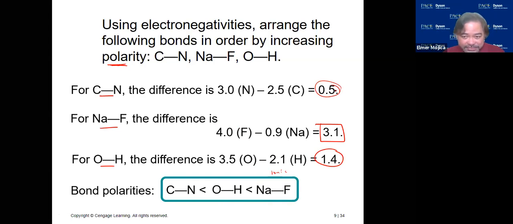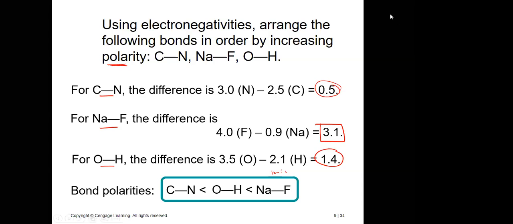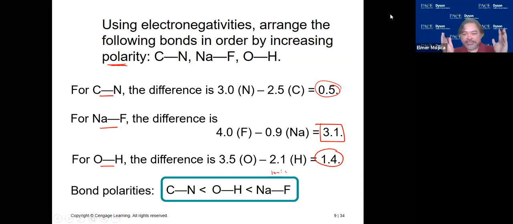That makes sense? So the more polar it is, the larger the difference between two elements. For the non-polar, there's no difference.